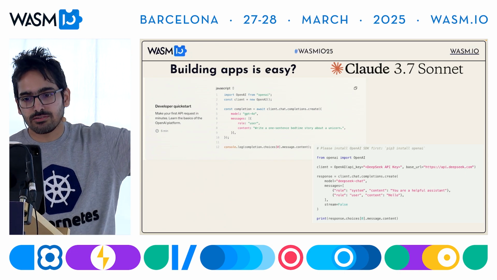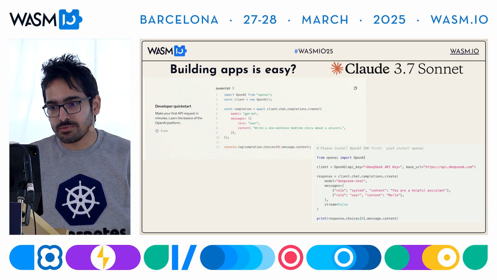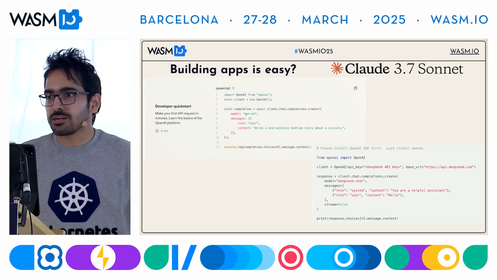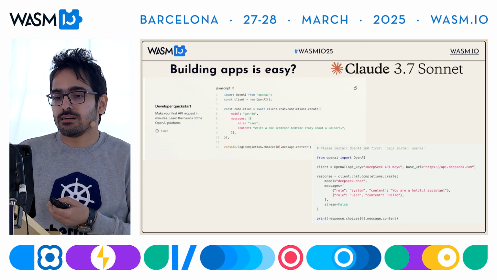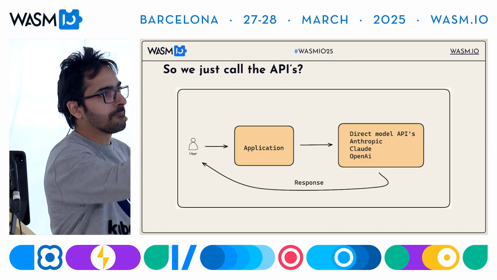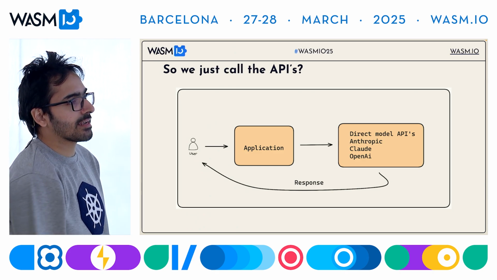You can have JavaScript, where you just import and give the model name GPT-4, or you can have Python and give DeepSeek, whatever that is. You will be able to connect to the model and get the response. So a user writes the application, goes to the model, and the response comes back in.